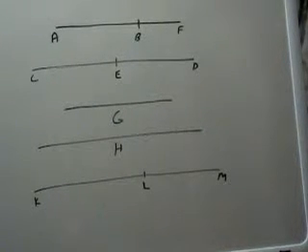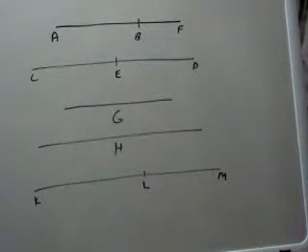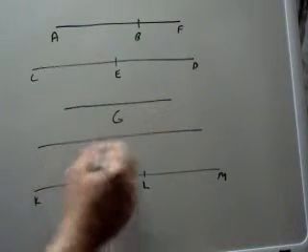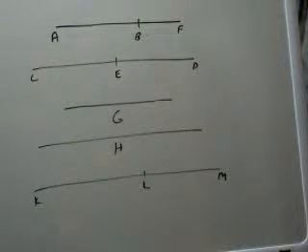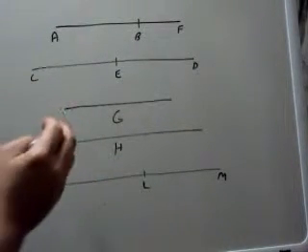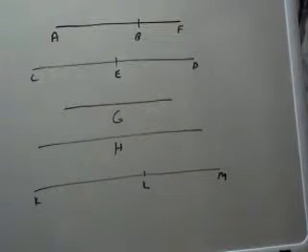Okay, so we're going to make a rectangle, and the area inside of that rectangle is going to be equal to the square on H. Now what we're going to do is take the line H and turn it into a square, and all four sides of that square are going to be the length of H. Okay? And the area inside of square H is going to be equal to the rectangle that is applied to CD. Okay? And that rectangle is going to have KL as the breadth.